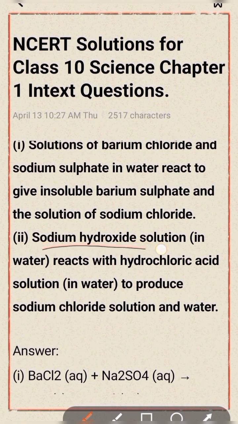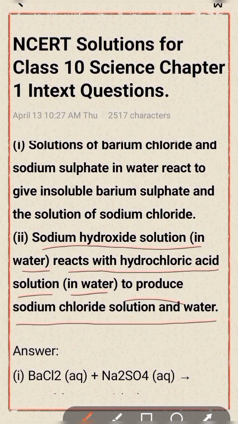Sodium hydroxide solution in water, that is aqueous, reacts with hydrochloric acid solution, that is HCl in water, that is aqueous, to produce sodium chloride solution and water.